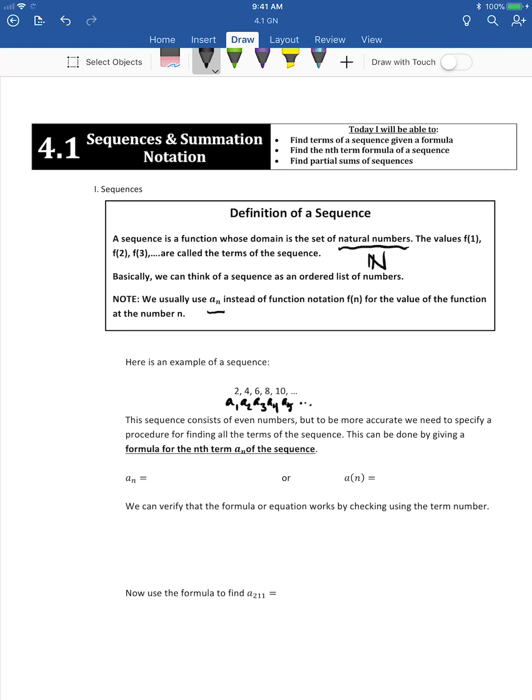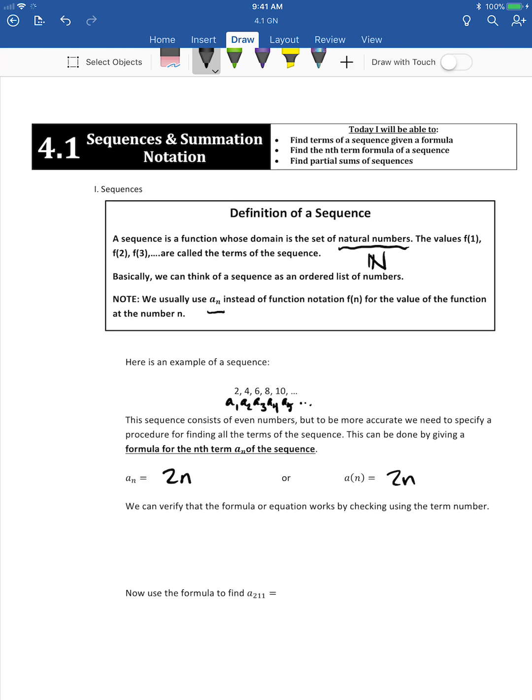With sequences, our goal is usually to figure out what the nth term of the sequence is. For any natural number n, we want to know what that term is. To do that, we need to make a formula for the sequence. Looking at our sequence, a sub n, the nth term, is going to be 2 times whatever the term number is, or a of n is 2n.